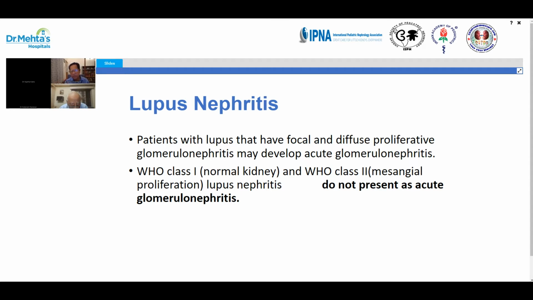Two manifestations are particularly dangerous in lupus. One is when they present with convulsion or neurological signs, called cerebral lupus, or when they present with intestinal lupus. I have seen one patient with intestinal lupus, an 8-year-old girl whom we had to put on TPN. So it is a multi-organ involvement.